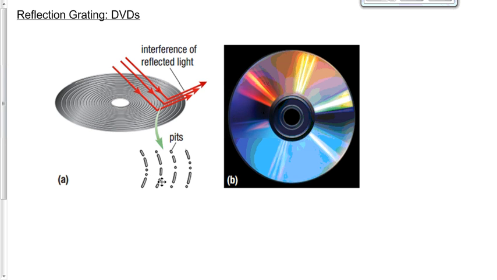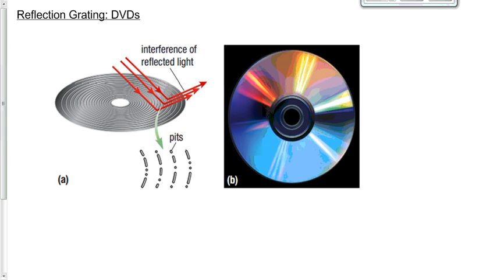Each one of these acts like a different line in a diffraction grating. So if you've ever noticed that a CD has a rainbow pattern to it when you look at it, it's because of this diffraction pattern. It's breaking up the light into the different colors based on the angle you're looking at it.